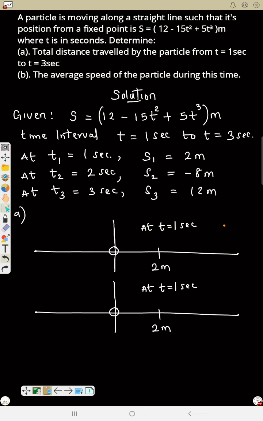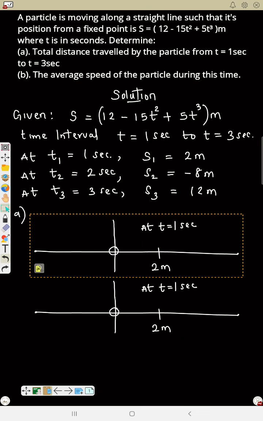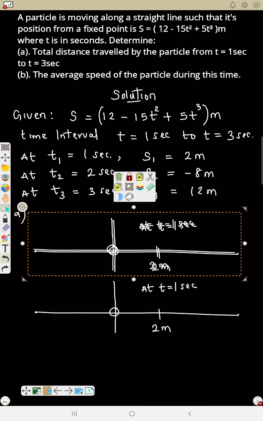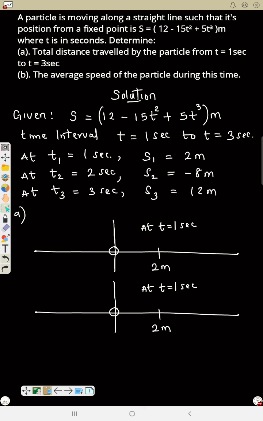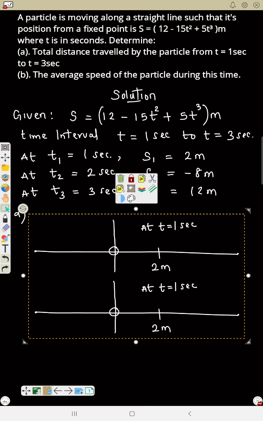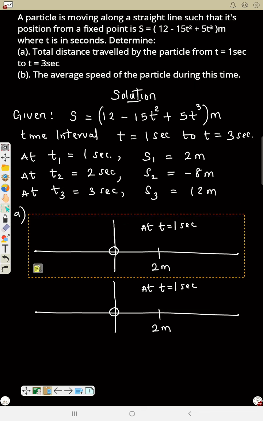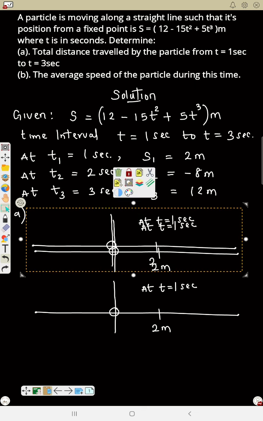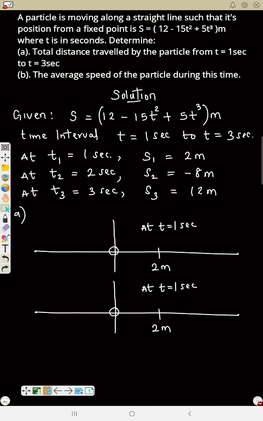Now on the same line, after 1 second, the particle is there.